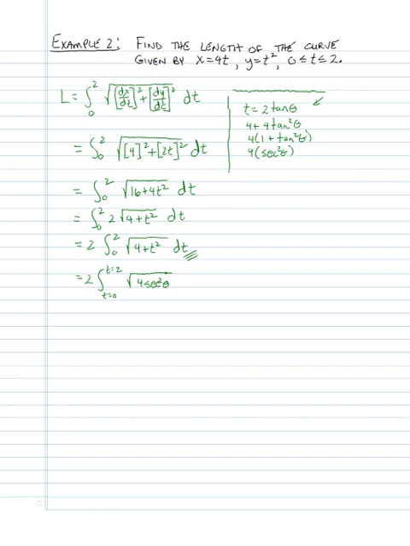And so we come back up here to where we started, and since t is equal to 2 tangent of theta, then the derivative of t with respect to theta, of course, is 2 times secant squared theta. And so dt is 2 secant squared theta d theta. So that means this dt can be replaced with 2 times secant squared theta d theta.